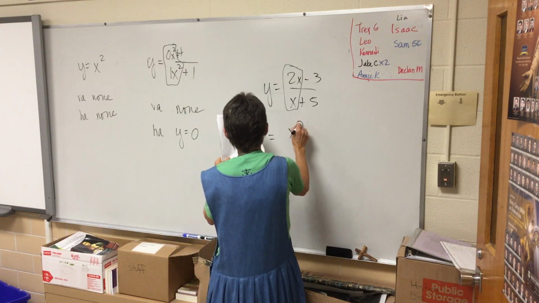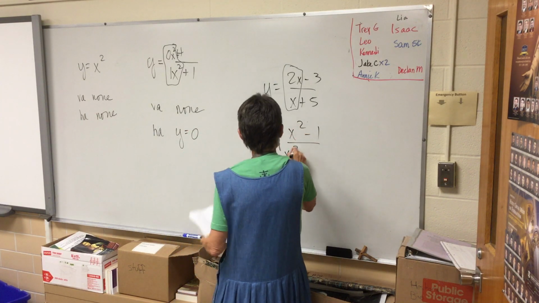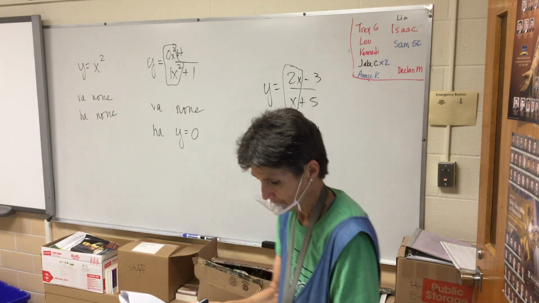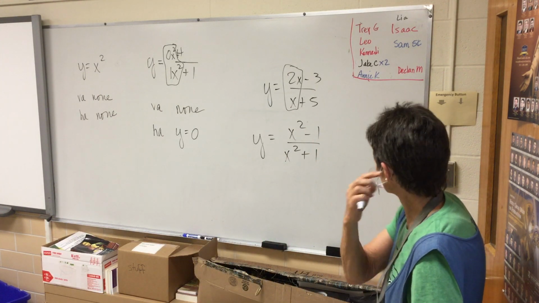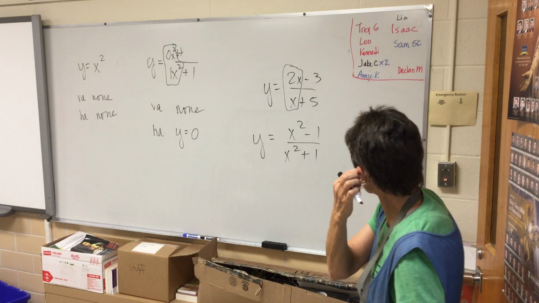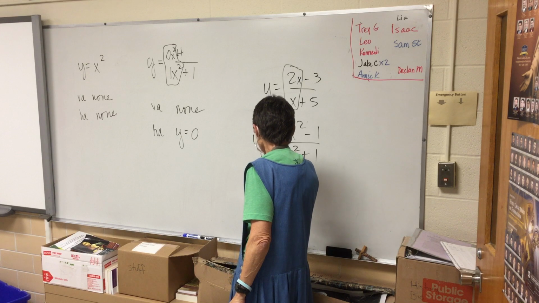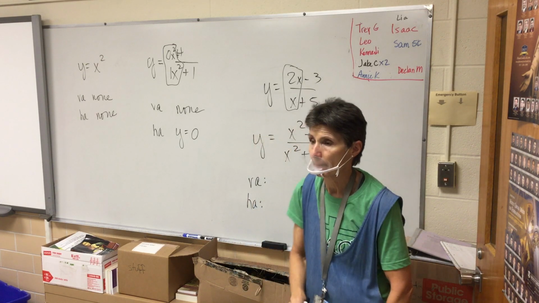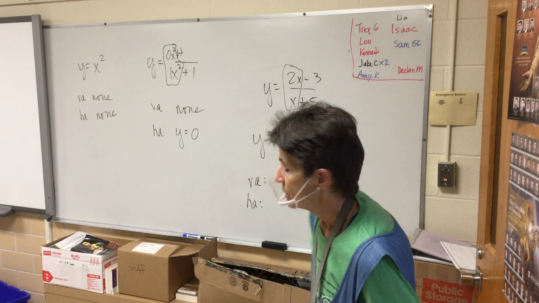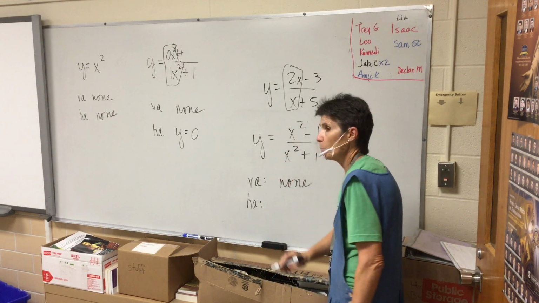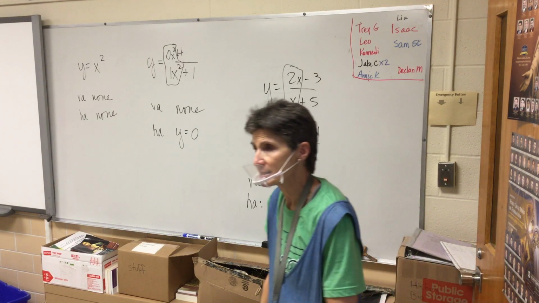So we've got x squared minus 1 over x squared plus 1. I need vertical and horizontal asymptotes. Anybody have a thought? No vertical. No verticals. I love it. And Jacob, why are there no vertical asymptotes?